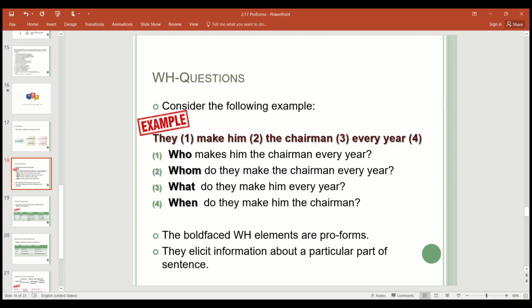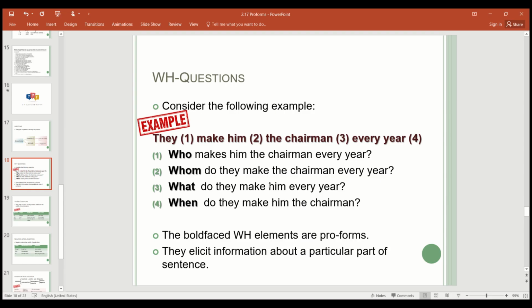The second element that is being asked about is him. Whom do they make the chairman every year? Which is the object here, so the suitable replacement would be the WH element whom. The third element that is being replaced is the chairman.